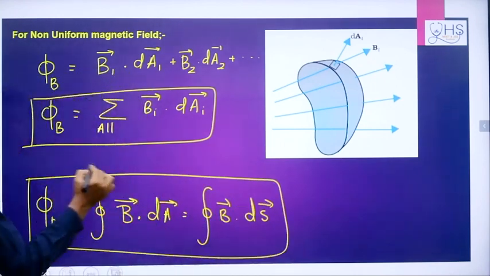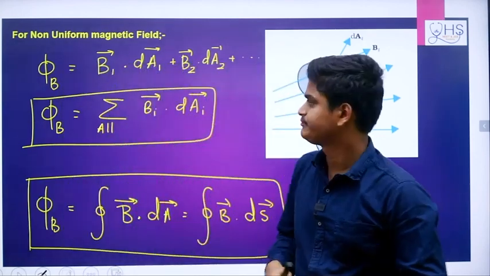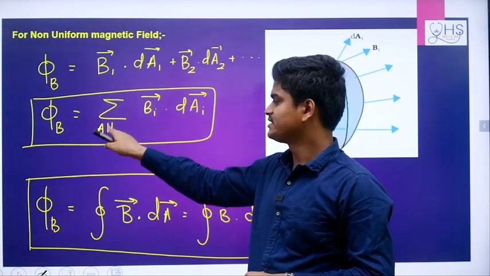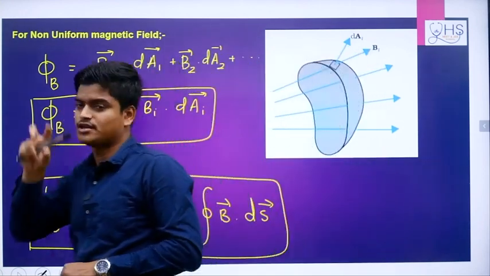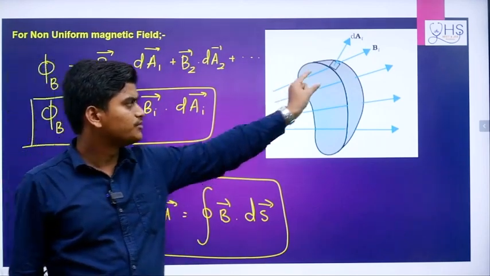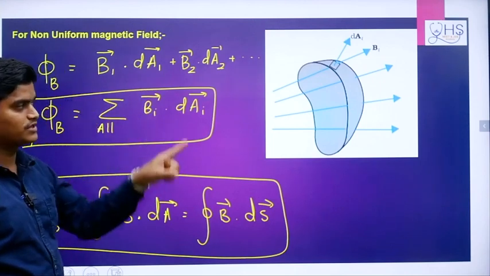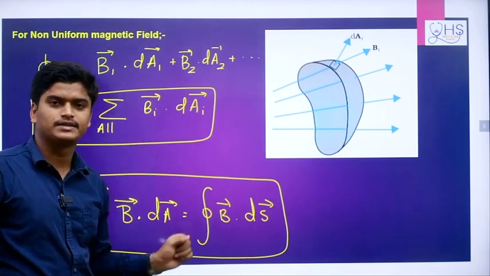So for a non-uniform magnetic field, you can use this integral formula. Summation over all means over all the small surfaces dA1, dA2, like that. If I take those small surfaces and add everything, I'll get basically the total surface. That's why for a non-uniform magnetic field, your magnetic flux expression will be like this.